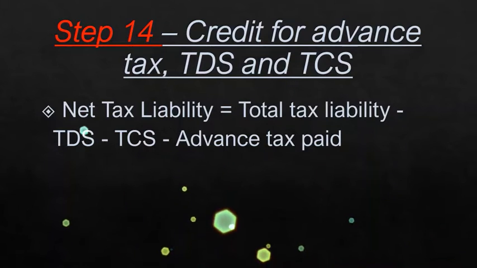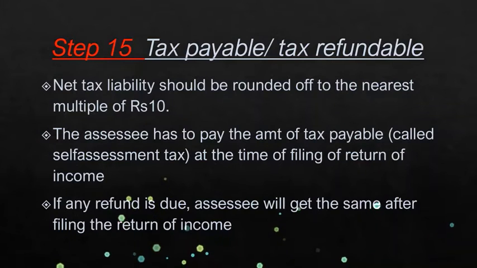Step 14. Credit for advance tax, TDS and TCS. Net tax liability equals total tax liability less TDS, TCS, and advance tax paid. Refer Table 5 for advance tax. Step 15.